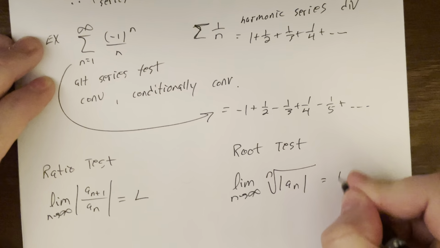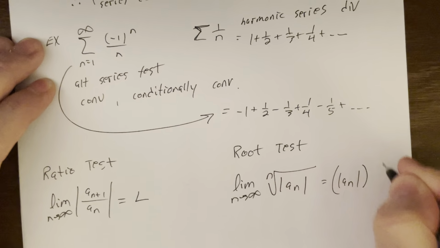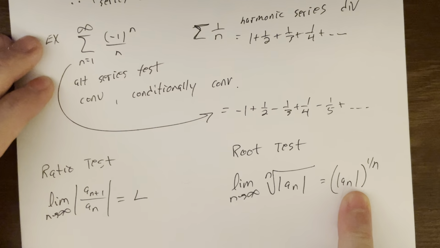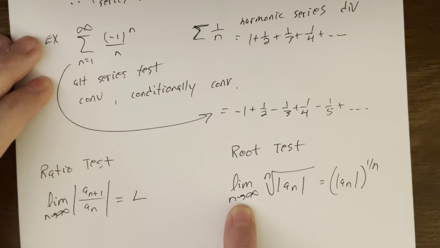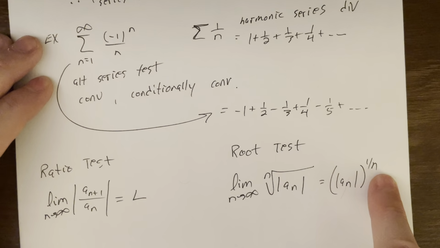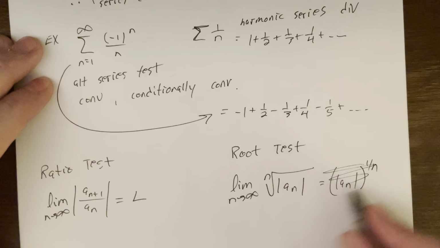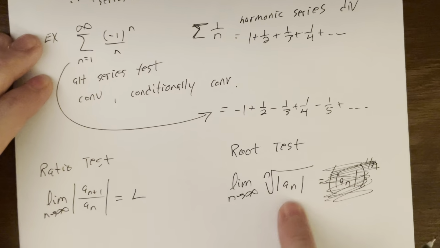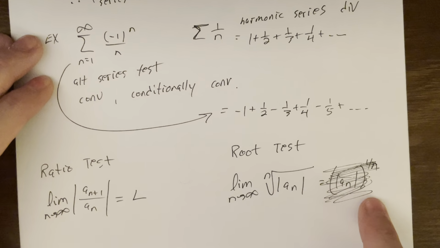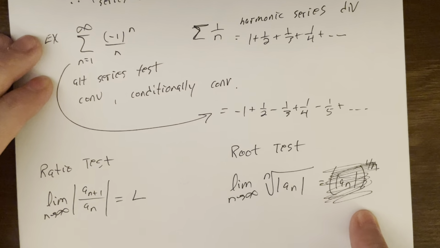Some people prefer to write this in this form. Still include your limit notation, but just instead of the nth root, they prefer to write it to the 1 over n power. I shouldn't write equals here. That's just for your information to see that's the same thing, but without writing the limit, that would actually be a difference.